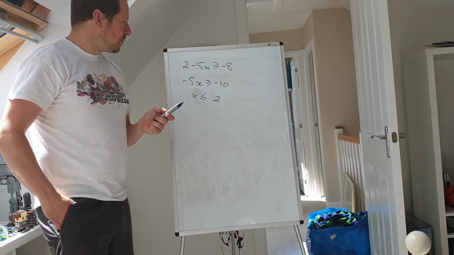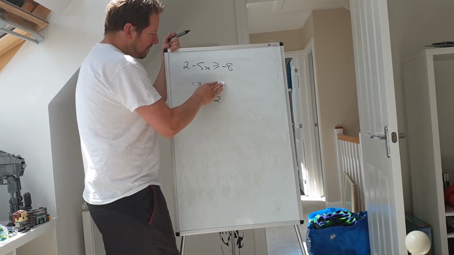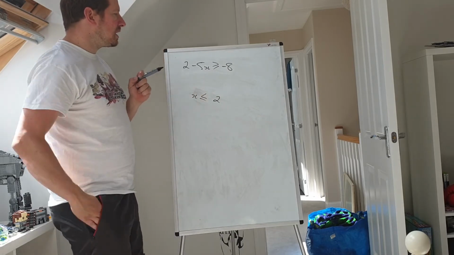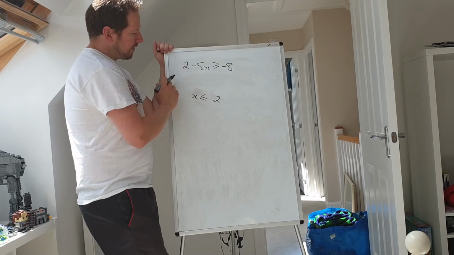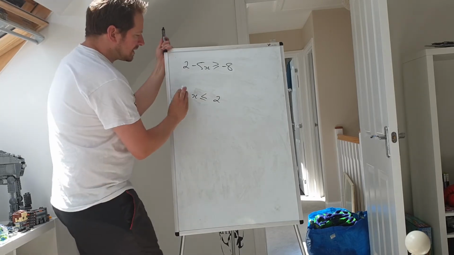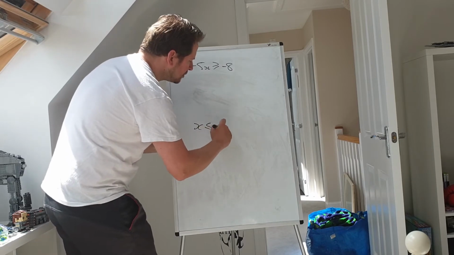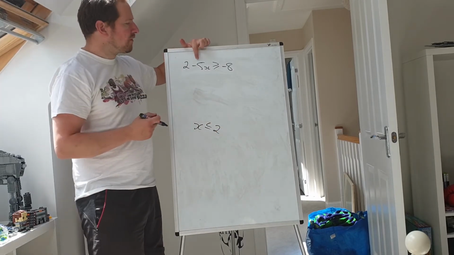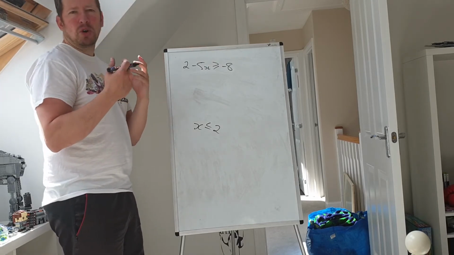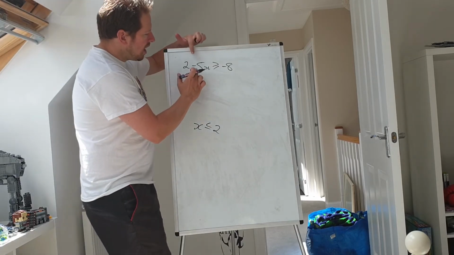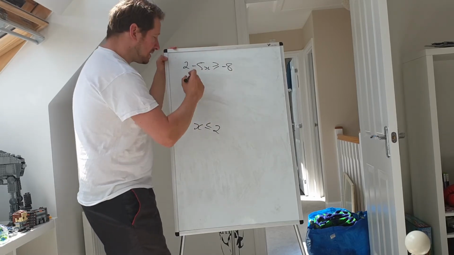Like I said, I was going to do that two ways, so this is the answer here. Let's do it a slightly different way. If I've got minus 5x, one way of getting rid of it without having to remember to flip the signs when you multiply or divide, is to move it over to this side. So I'm going to add 5x to this side, and add 5x to this side.